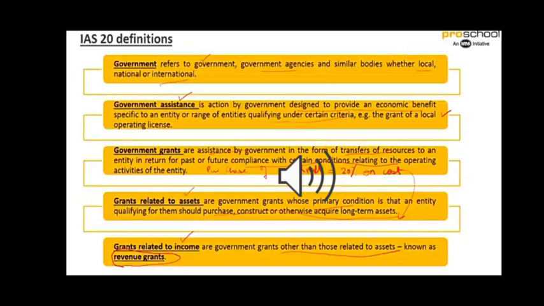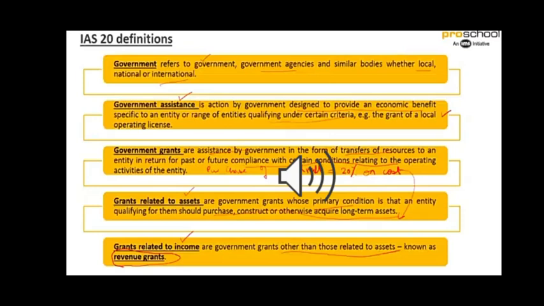Government assistance is designed to provide an economic benefit specific to an entity. An entity means a business or a group of businesses, qualifying under certain criteria. If an economic benefit has been given to all the companies, then it will not be government assistance.